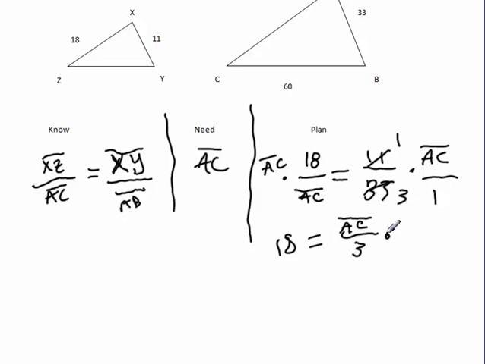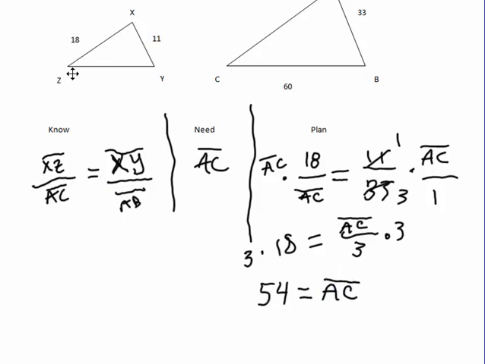Now I can multiply both sides by 3. And 18 times 3 is 46? No, it is not. What is it? 54. Excuse me. 54 is the length of AC.